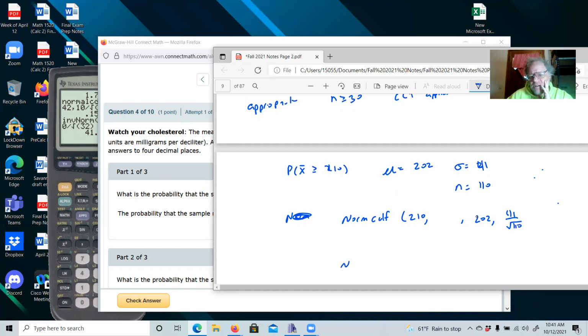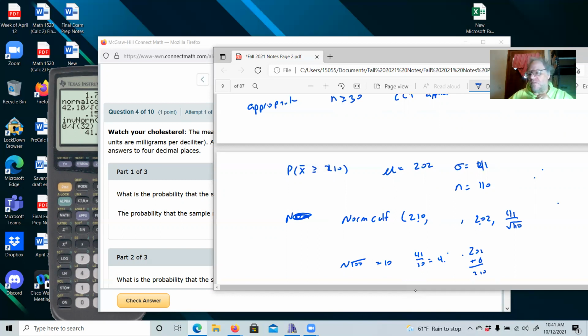Now, what's the square root of 100? That's 10. What would be 41 divided by 10? That would be about 4. I'm just trying to get a basic idea of how big a standard deviation approximately is, so I know what steps I'm going to be taking. So this is already 2 standard deviations up: 202 plus 4 plus 4 again, so 202 plus 8 is 210.